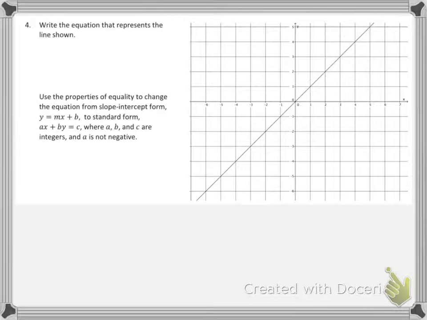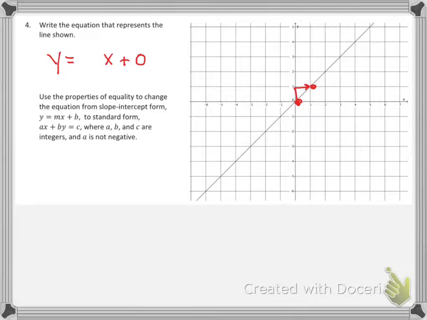Number 4. Need to know where the line crosses the y-axis. Well, it's at 0. So I'm going to write y equals something times x, the slope, plus 0. Well, the plus 0 is meaningless. It's not going to change anything. I'll leave it there for now. And then I just need another point, and it looks like that's up 1 and right 1.